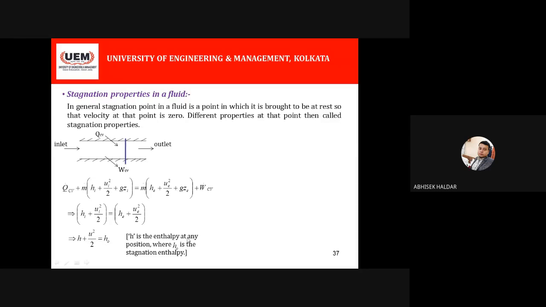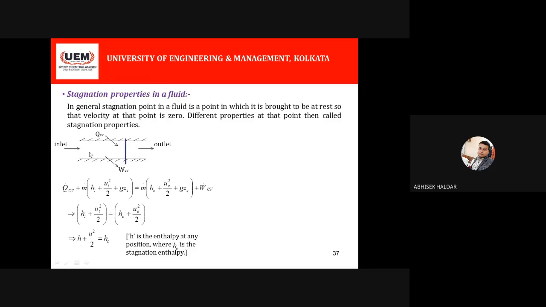H is the enthalpy at any position. If I take the inlet here, it was Hi, and if I want to specify Hi, I can also write Hi. That is not an issue. But in general, for any position, because the flow is coming at this position, obviously that will not be Hi, that may be something different.